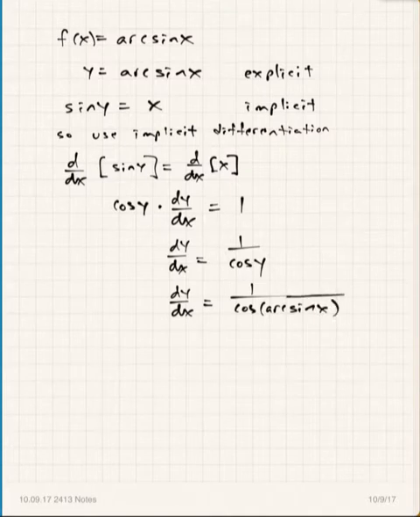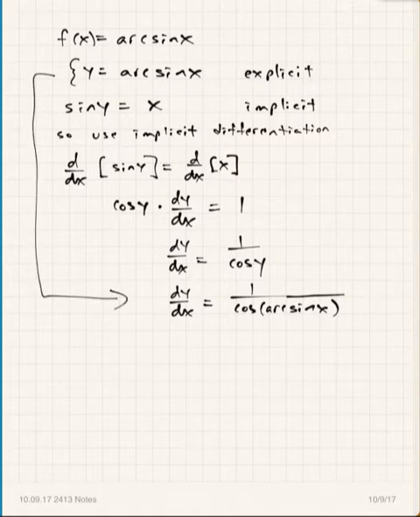We know that y is equal to arc sine x, so we're using that in that statement there. We are replacing y with arc sine x. Now this is the cosine of the arc sine of x, so this is not inverse cancellation right here. So what do we make of this statement here of cosine of arc sine of x?